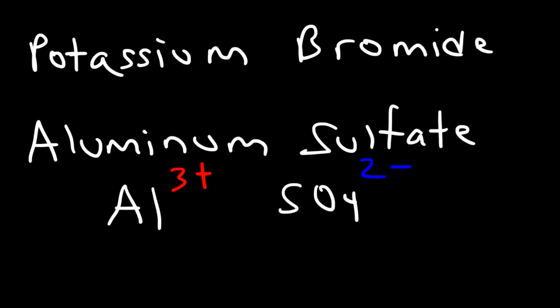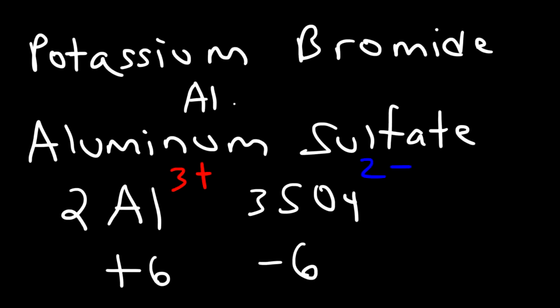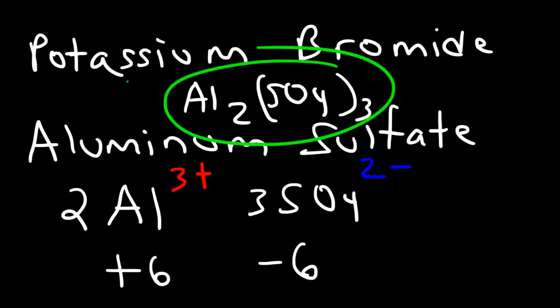Now what we need is, in order to make the total charges the same, we need 2 aluminum ions, which will give us a net charge of positive 6, and 3 sulfate ions, which will give us a net charge of negative 6, and these 2 will cancel. So it turns out that the formula is Al2(SO4)3. Now whenever you have multiple polyatomic ions, you need to enclose them within a parentheses.